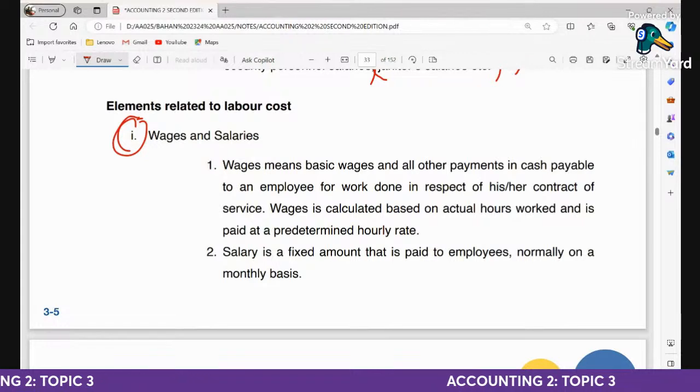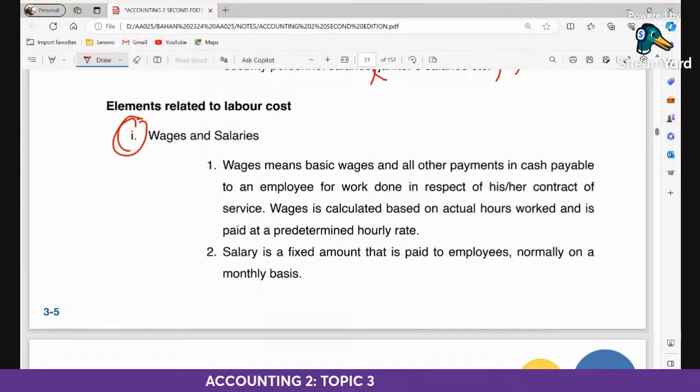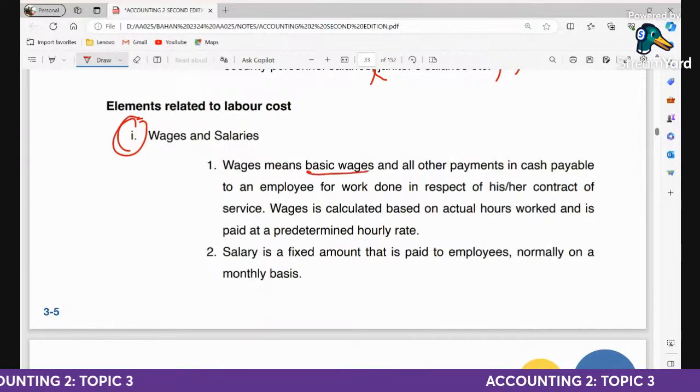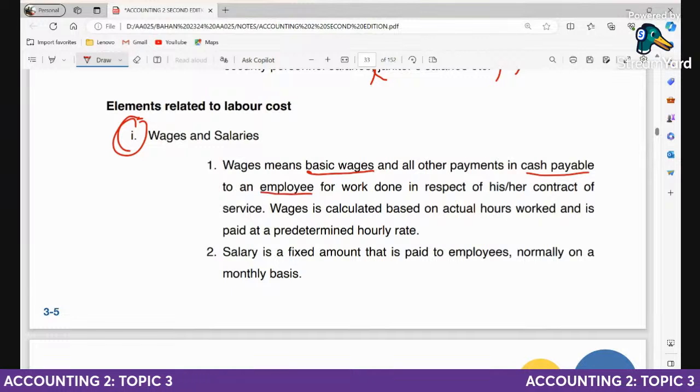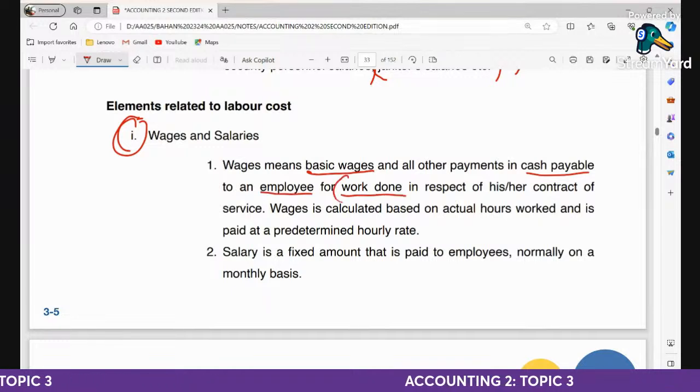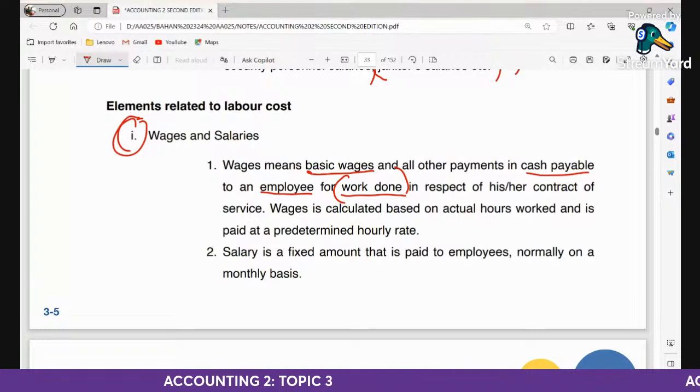Tapi the actual definition for wages and salaries, kalau ikut nota yang kita ada di sini, wages means basic wages, and all other payments in form of cash payables, maksudnya tunai yang boleh dibayar kepada pekerja apabila kerjanya telah siap for work done, in respect to his or her contract of service.